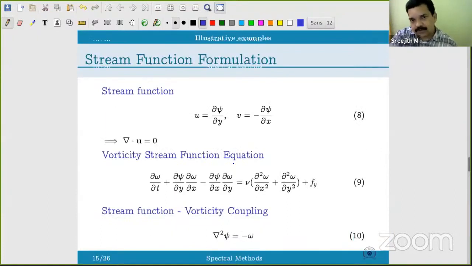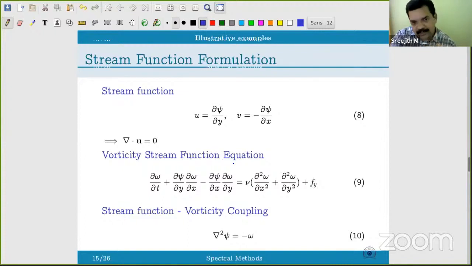So in 2 dimensions, for more simplification, we can use the stream function formulation, so that the continuity constraint is directly satisfied. You can replace u and v using the stream function psi: u = ∂ψ/∂y, v = −∂ψ/∂x.